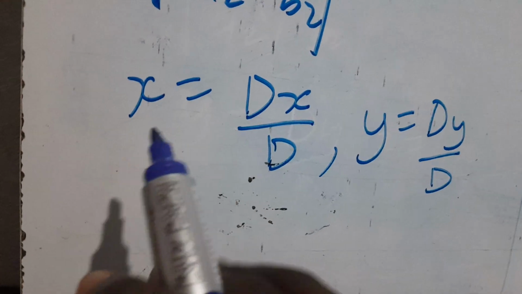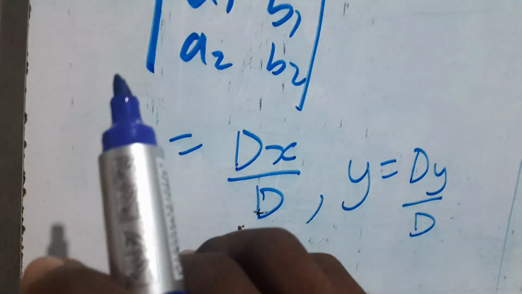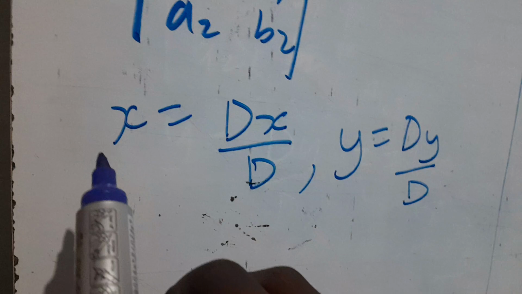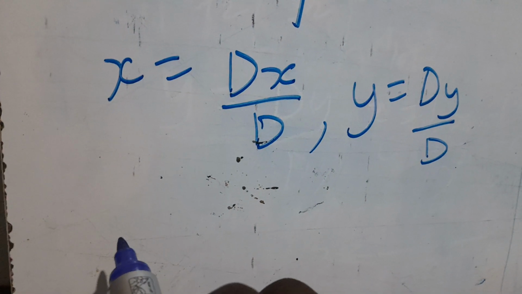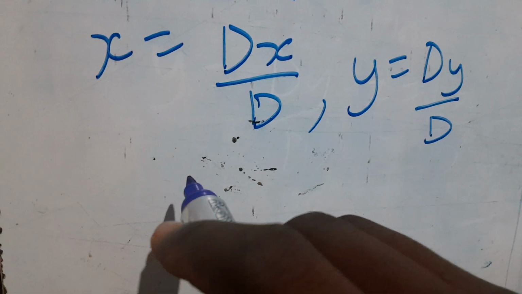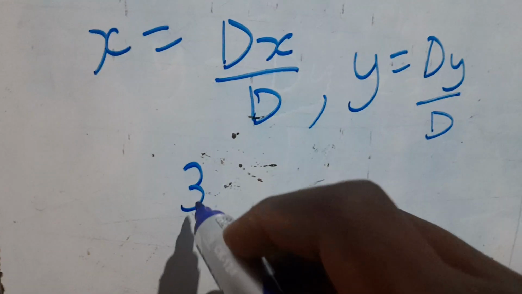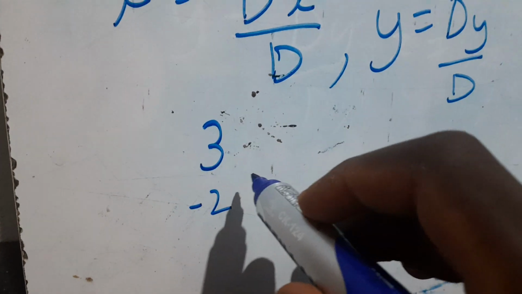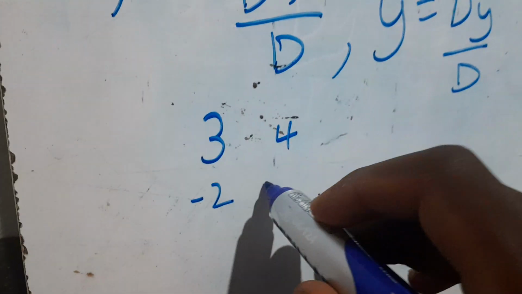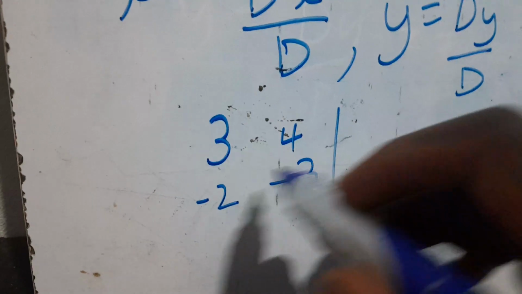D is the determinant of our matrix a1, b1, a2, b2, and as in our equation, this is 3, negative 2, 4, negative 3.